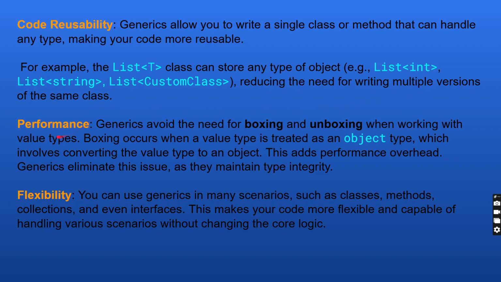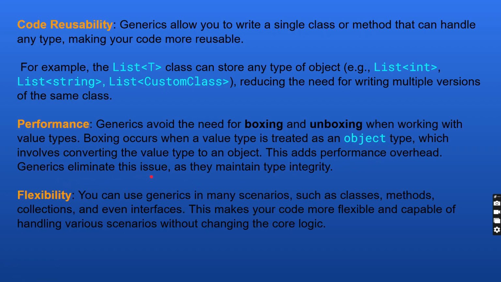And now the third point is performance. Generics avoid the need for boxing and unboxing when working with value types. Boxing occurs when a value type is treated as an object type, which involves converting the value type to an object. This adds performance overhead.